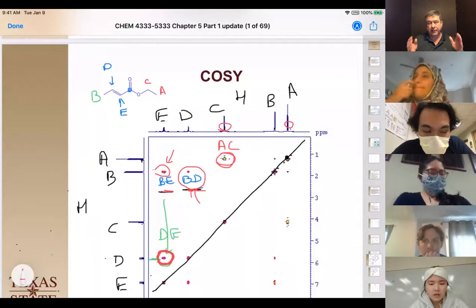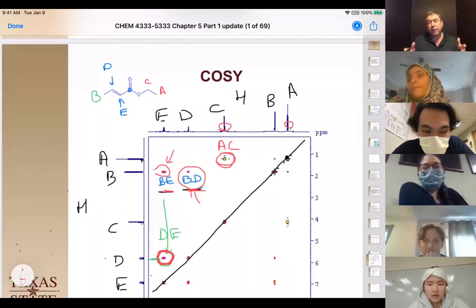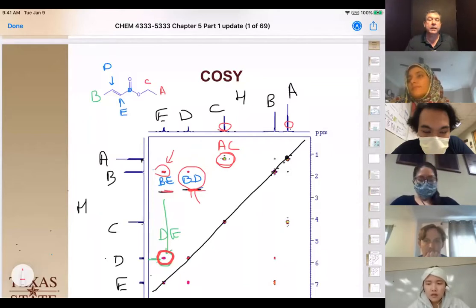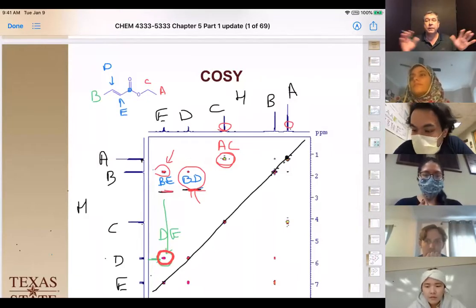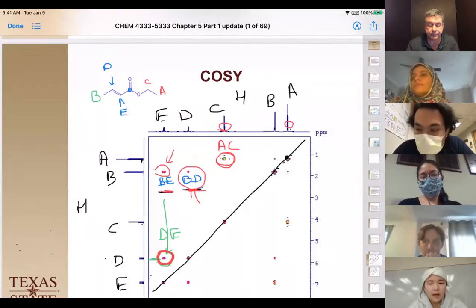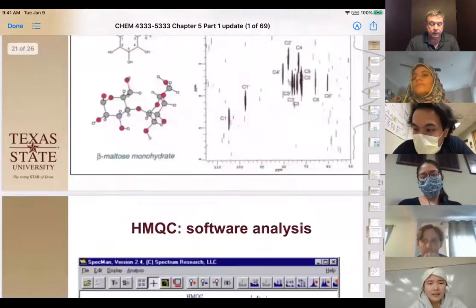It's called bookkeeping, showing you exactly which things are connected to which things, and that helps us elucidate a structure. And as these structures get more and more complex, you'll start to eliminate certain connections because, oh, well, that's obviously more than 3 or 4 bonds away, so we don't have to worry about that. Okay.